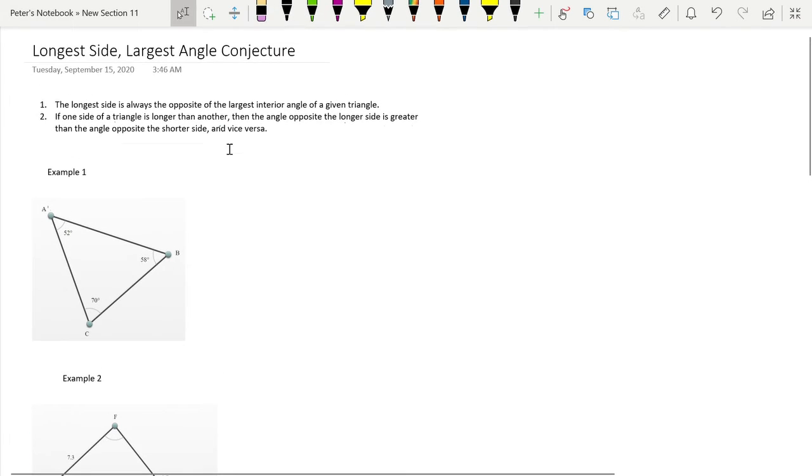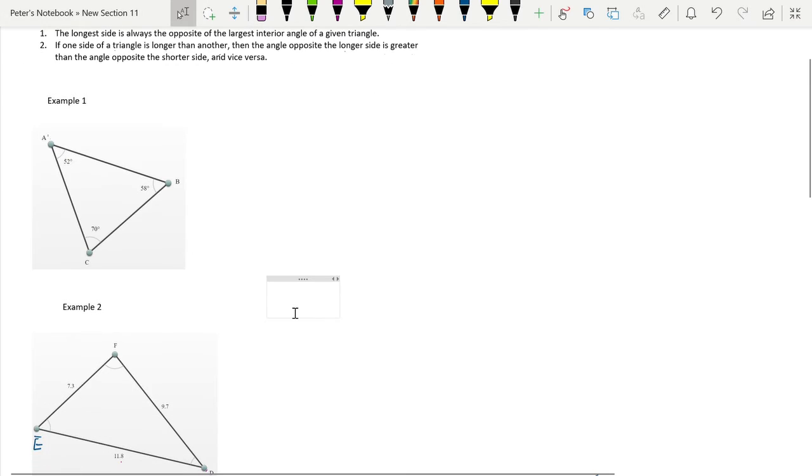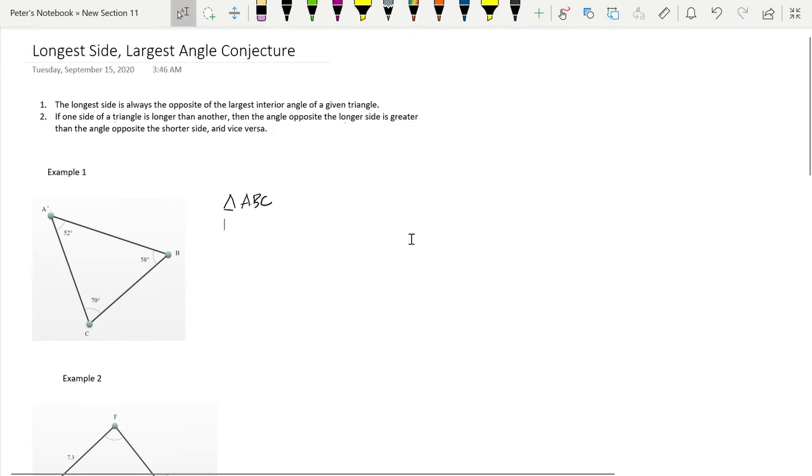So if we assume this is true, with the given angles, for example, we have triangle ABC here. With triangle ABC, you can find out which is the longest side just by looking at the angles, using the longest side, largest angle conjecture.